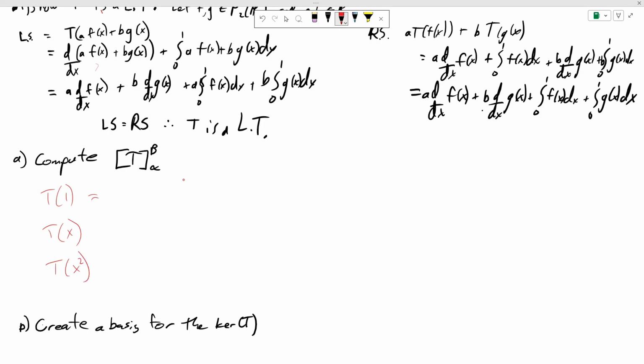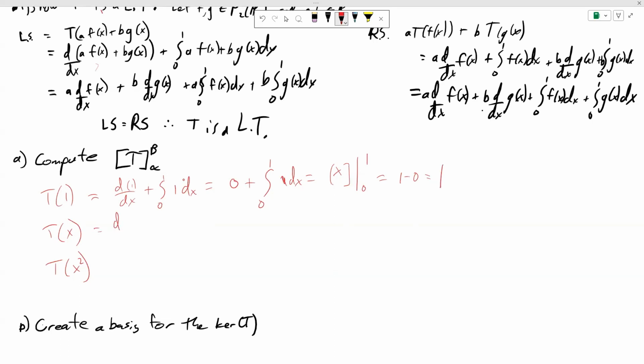And what happens to 1? Well, the derivative of 1 with respect to x plus the integral from 0 to 1 of 1 dx is equal to 0 plus the integral from 0 to 1 of 1 dx, which equals x evaluated from 0 to 1, which gives me 1 minus 0, which equals 1.